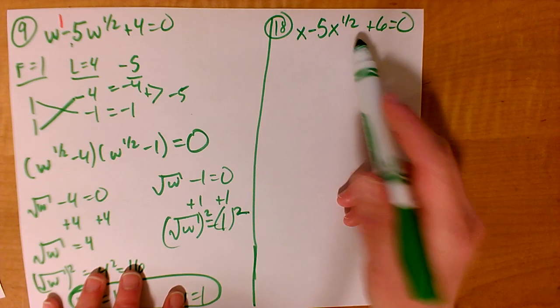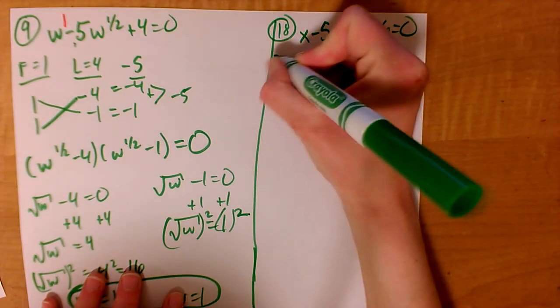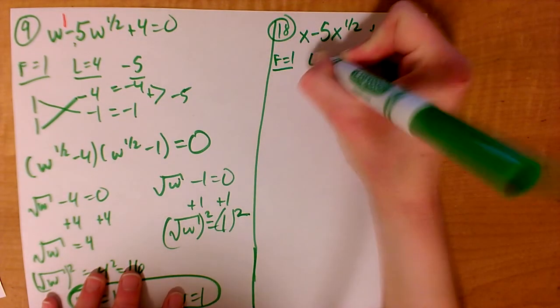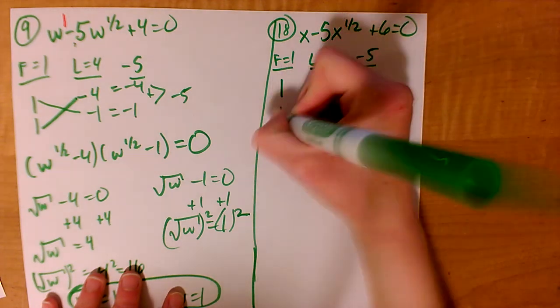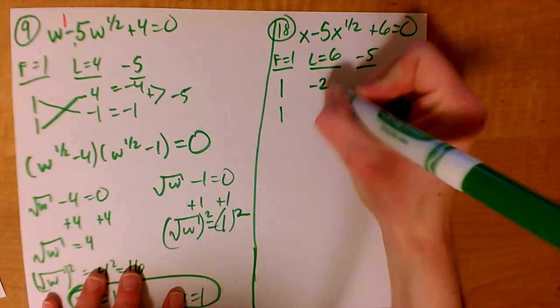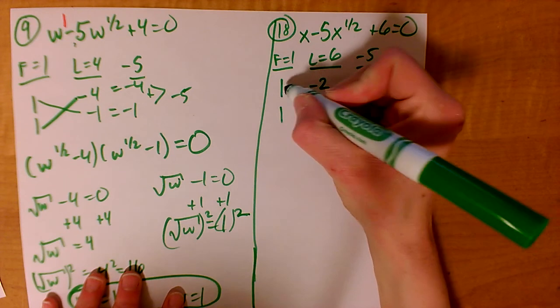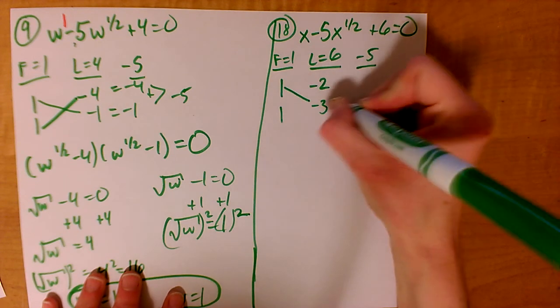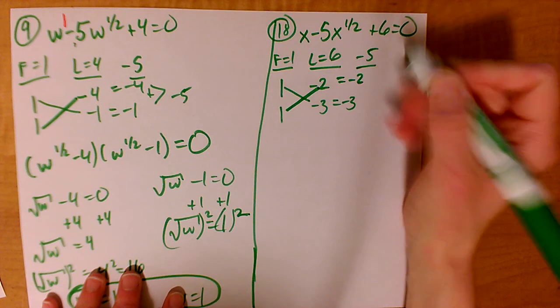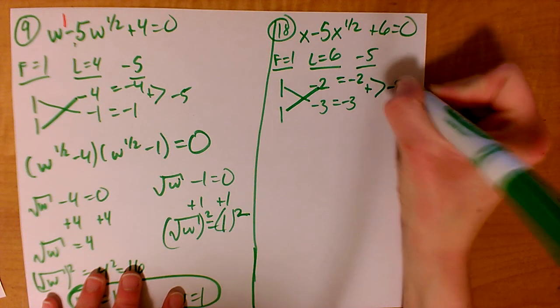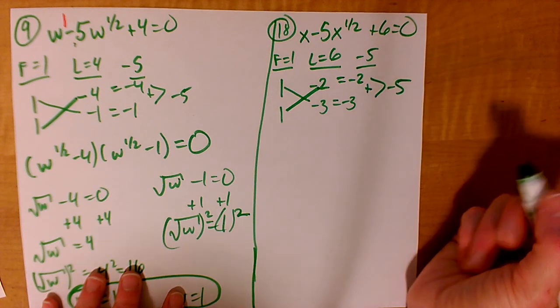And then your exponent in the middle is the 1/2. So if I factor with first and last, first is 1, last is 6, and then in the middle we have negative 5. So we'll do 1 and 1. Two factors of 6, we'll do negative 2 and negative 3. If we cross multiply, 1 times negative 3 is negative 3, and then 1 times negative 2 is negative 2. And we add that up, and we'll get negative 5.